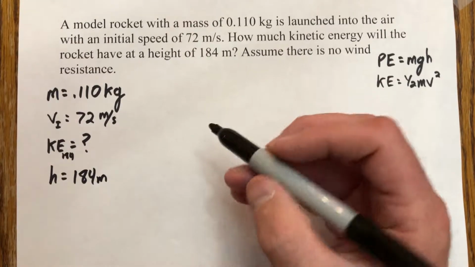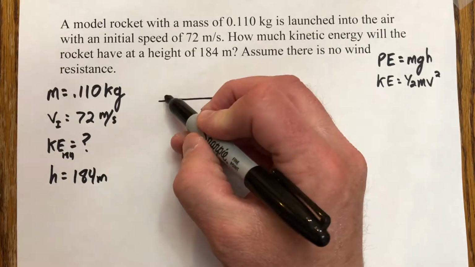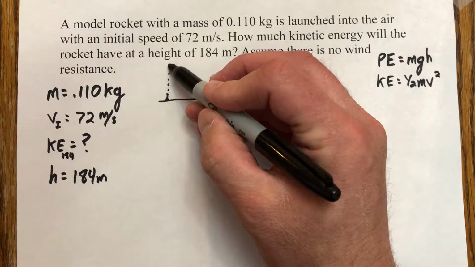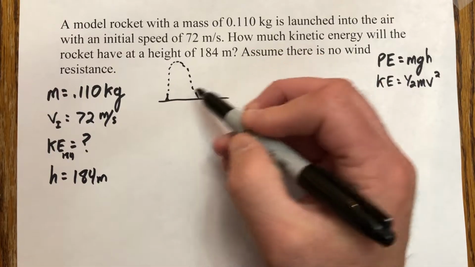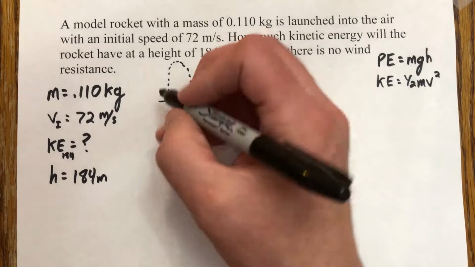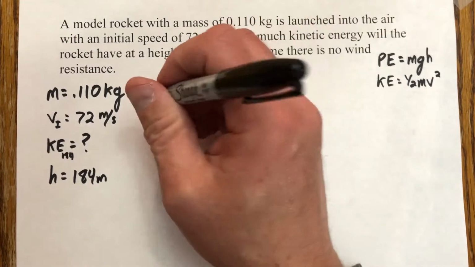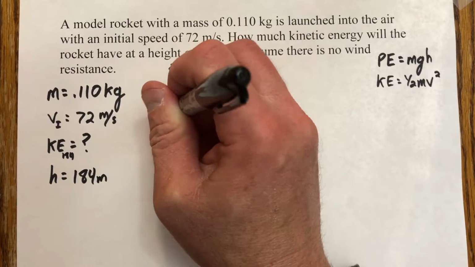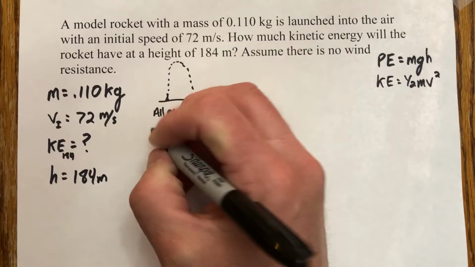So this is what we have going on. We have a rocket. There's my little rocket. He's going to go up, right? And then he's going to land over here. Okay. So initially when the rocket takes off, right here, all energy is kinetic.